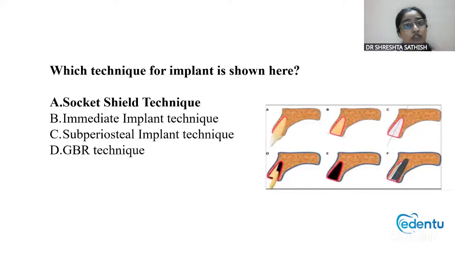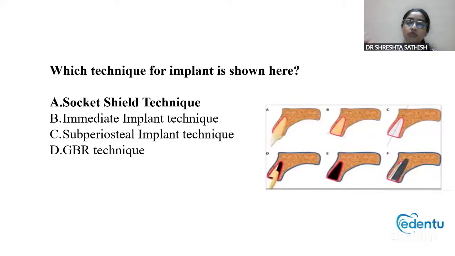Because of the periodontal ligament attached to that thin portion, there will be good blood supply to that area and the buccal wall remains intact. Also, it gives good retention for your implant to stay. Lesser bone resorption and better gingival aesthetics also.